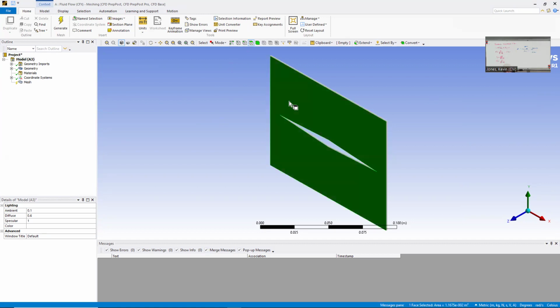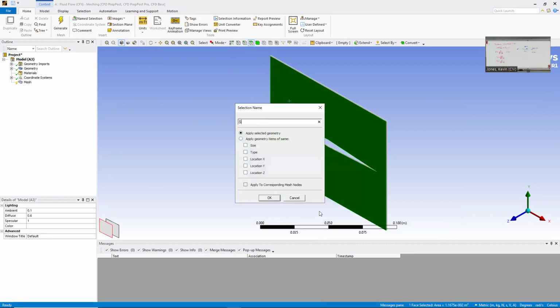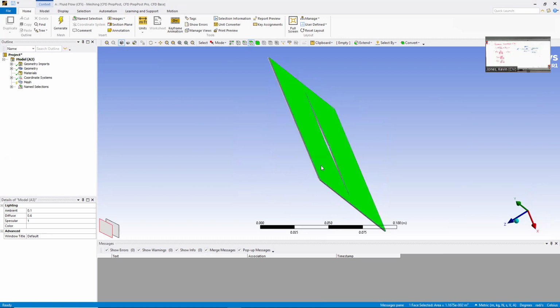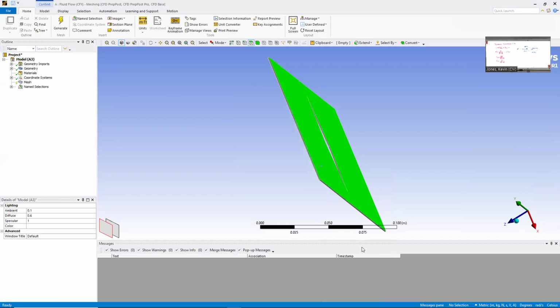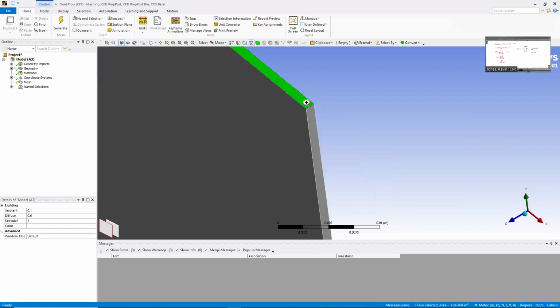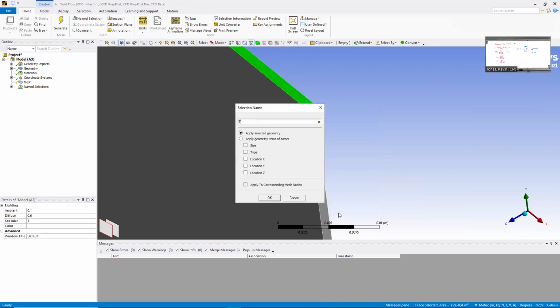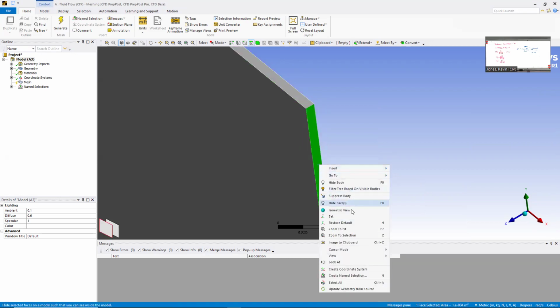Inlet 1, 2, and I'm going to go ahead and call it outlet because it'll never be anything else.